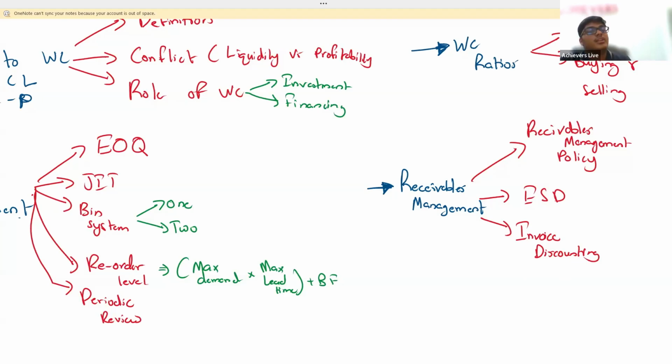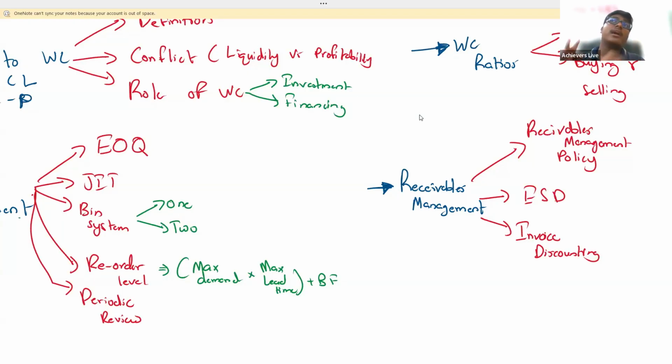So invoice discounting. If you go for an invoice discounting arrangement, should your customers know about this arrangement or is it confidential? What do you think? The invoice discounting arrangement which you have, is it something which the customer should know about?